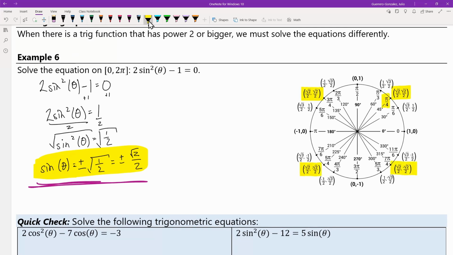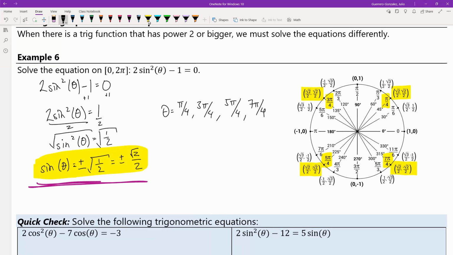So here are my 4 angles. This one has 4 answers. Theta is equal to pi over 4, 3 pi over 4, 5 pi over 4, 7 pi over 4.